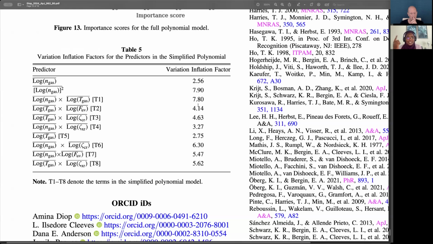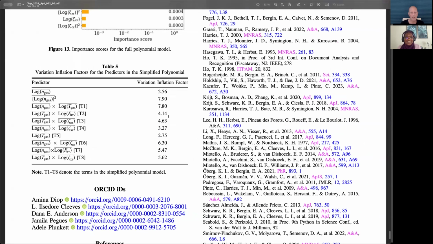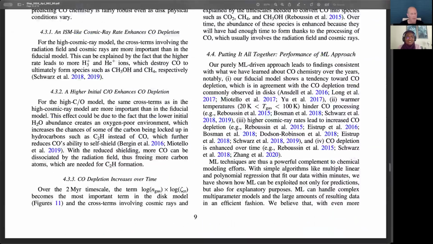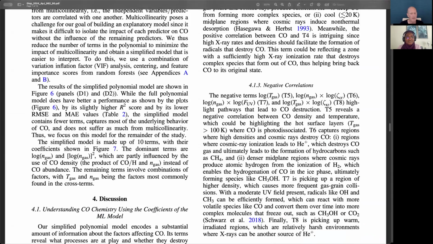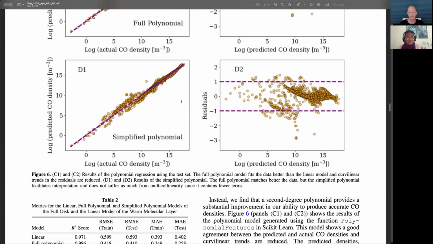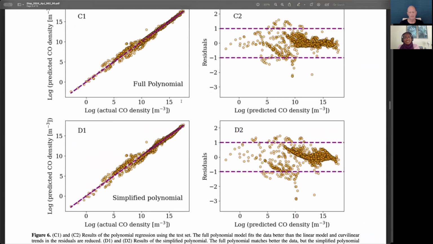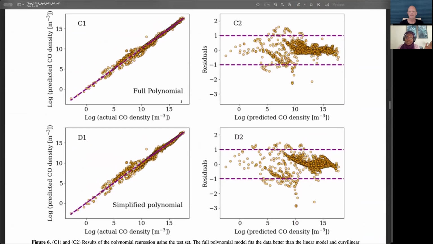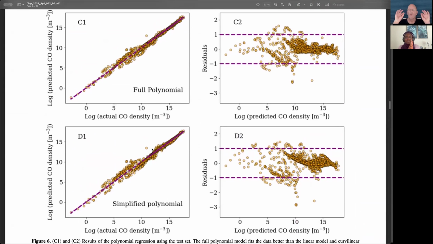Now we can go back to figure 6, I believe. Figure 6 is showing the result of what we called the simplified polynomial. It's the polynomial with those 10 terms where we removed multicollinearity.